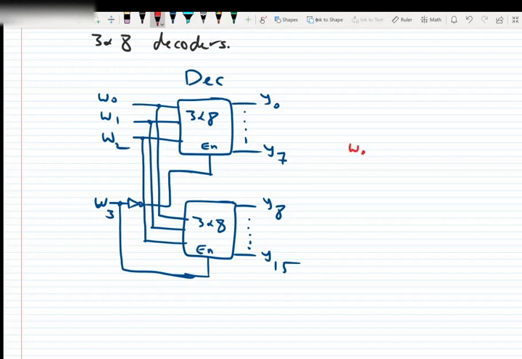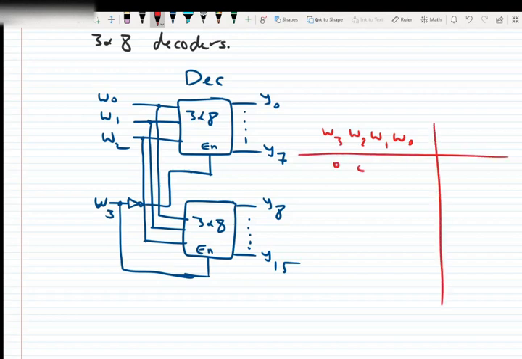Let's say W0, W1, W2, W3 all are 0. What's going to happen here? Because W3 is 0, the second decoder is off because its enable is 0, and the first one is on.